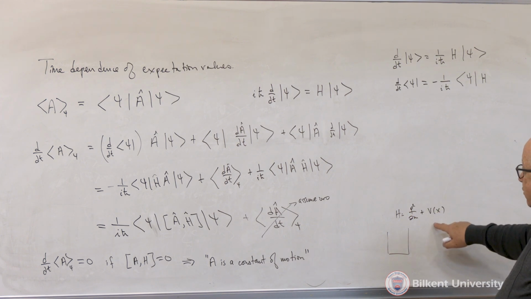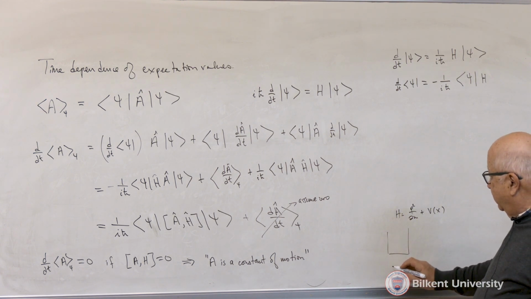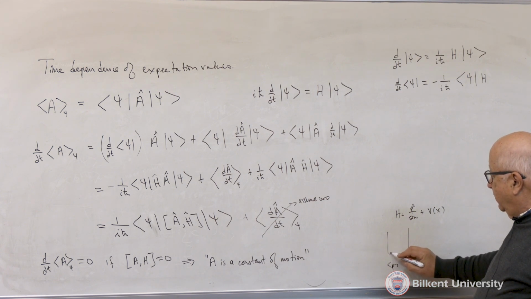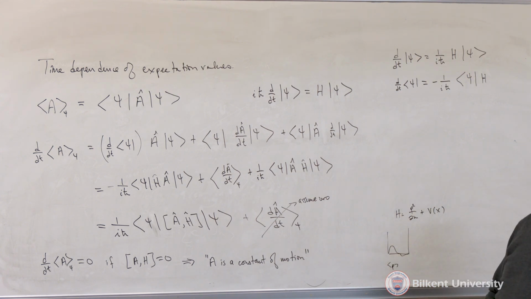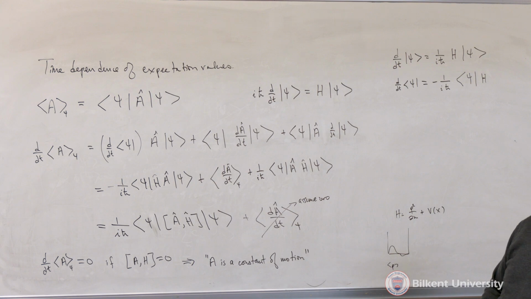So for that case, momentum is not a constant of the motion. That's why when you calculate the expectation value of the momentum for a certain wave function, you get oscillatory behavior. That's because momentum is not a constant of the motion.